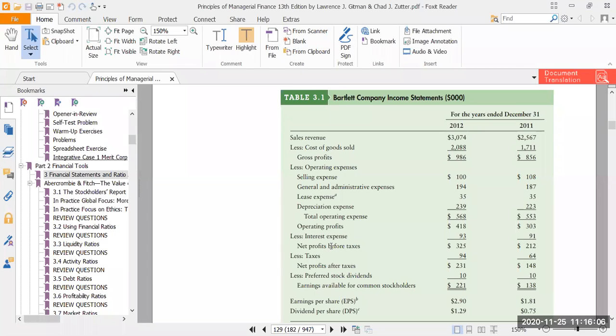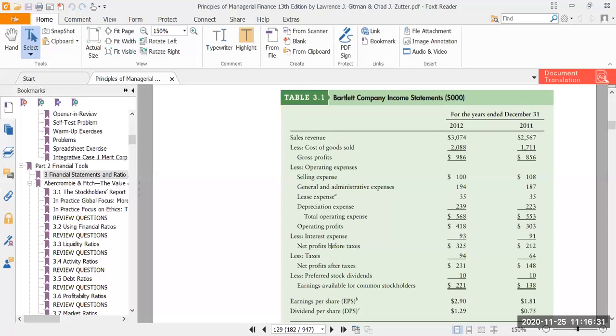And again, it depends upon the management, the board of directors, what kind of dividend they are going to give. Earning per share for the year 2012 is $2.90, and for the year 2011 it is $1.81.